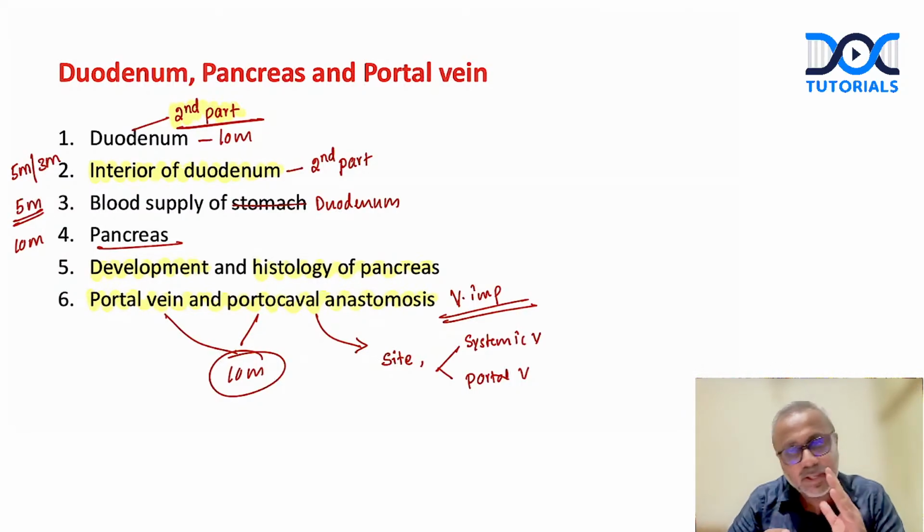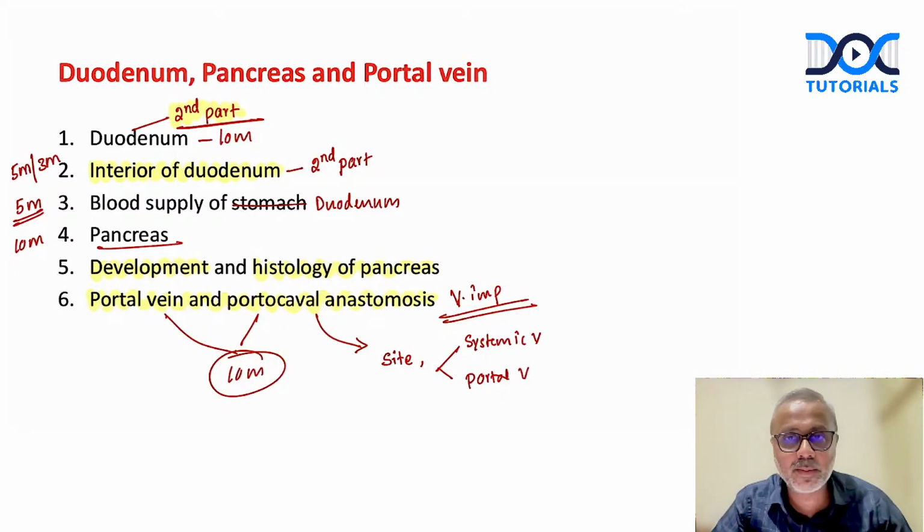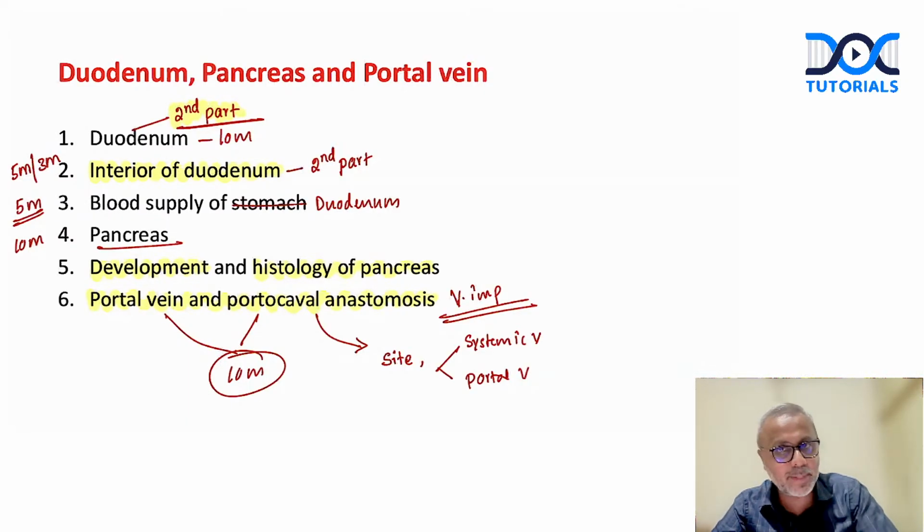Most often we would have seen portocaval anastomosis as a long essay, and we go with the feeling that, okay, I have seen this question enough number of times. I know what to write if portocaval anastomosis is asked. But one of the answers that we tend to forget is what are the tributaries of the systemic vein that meet at that site? What are the tributaries of the portal vein that meet at this site?